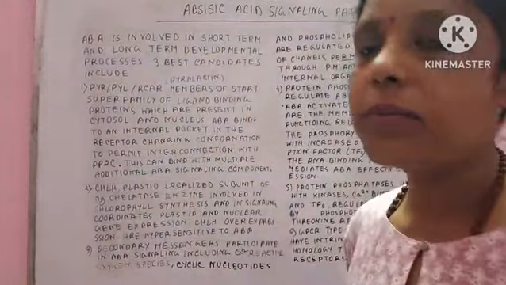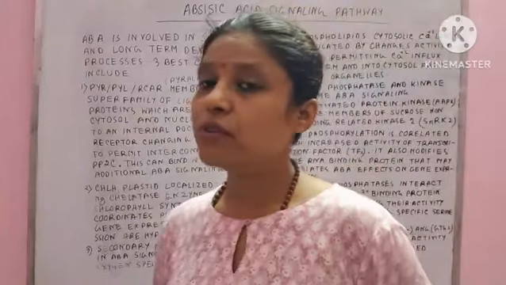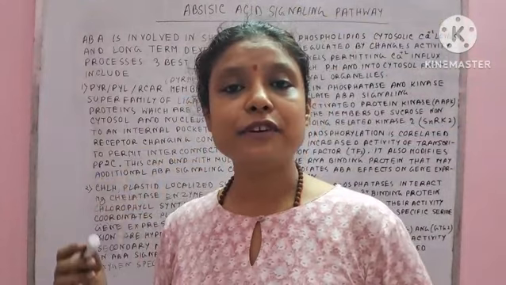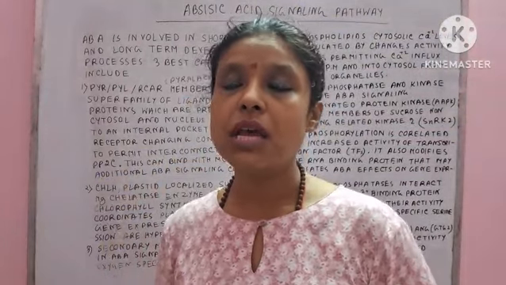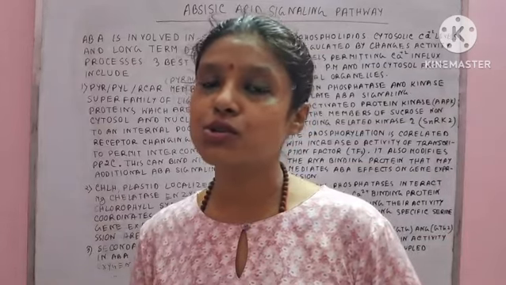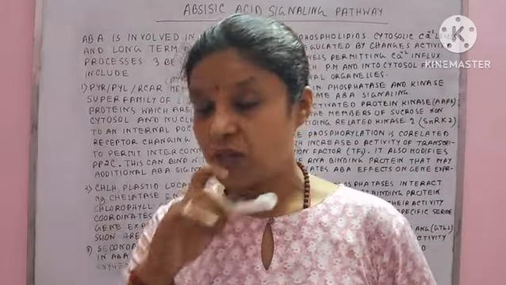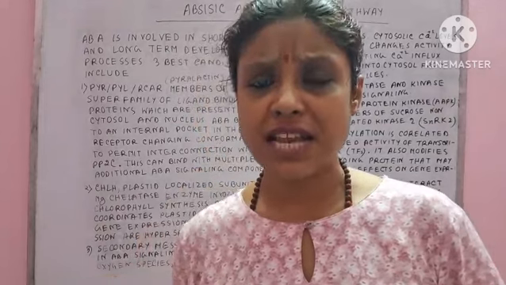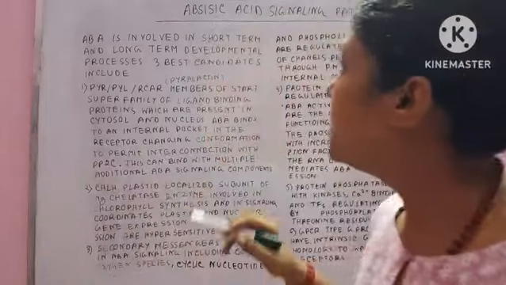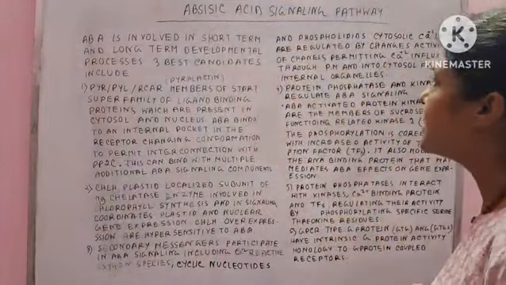Signaling pathway. Before going to this topic, I have to say that different plant hormone signaling pathways, the biosynthesis processes and their functions are also present in my videos. That means these are already explained in my channel, so you can check those out. Today is the abscisic acid signaling pathway.